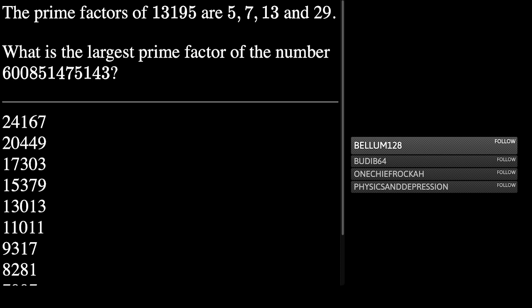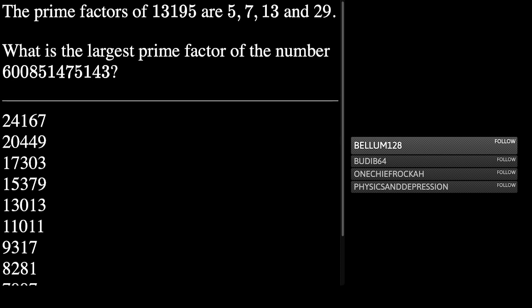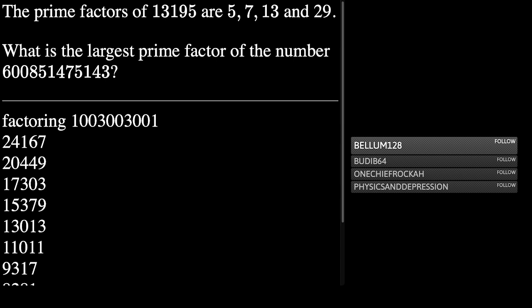Just putting some comments in the math. All right, so let's try that again. Reload. Here, factoring this number, which is 1001 cubed. It's nice. Okay, so I can factor big things. That's good.